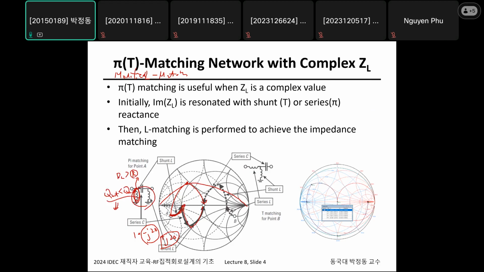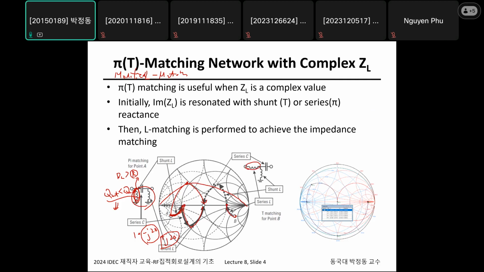Understand? Okay. So another way. Let's say this is a high impedance line, so this is also capacitive. In this case, we just add a series inductance to resonate out.